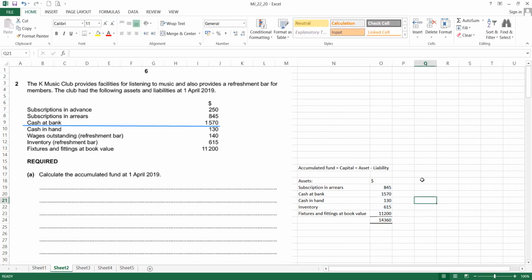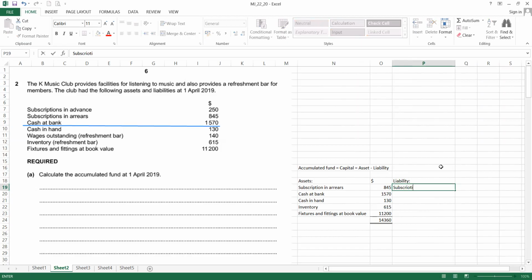Okay, the next one, liability. We put it side by side here so that we can see easily. Liabilities: we have subscription in advance, and then wages outstanding, and then any more?